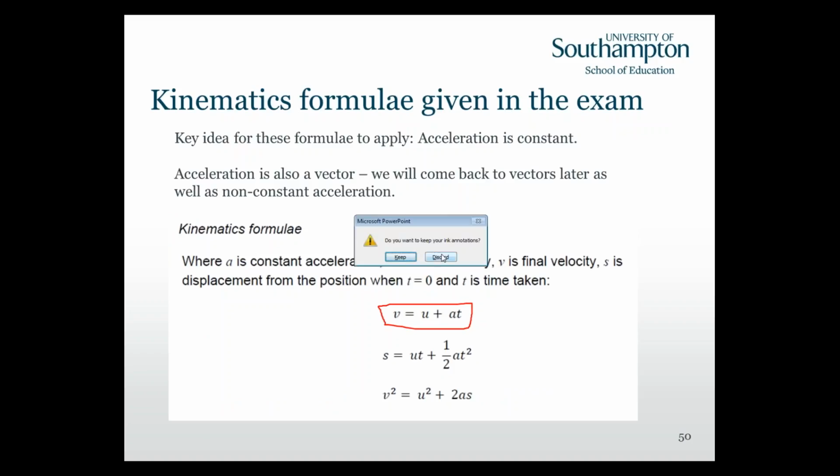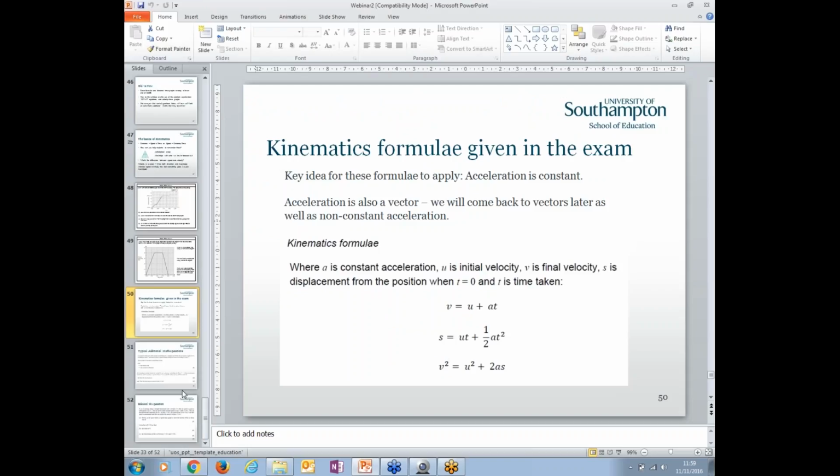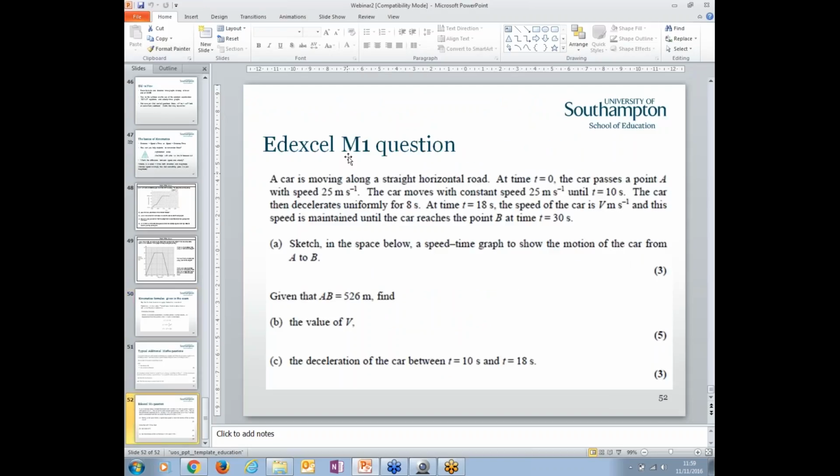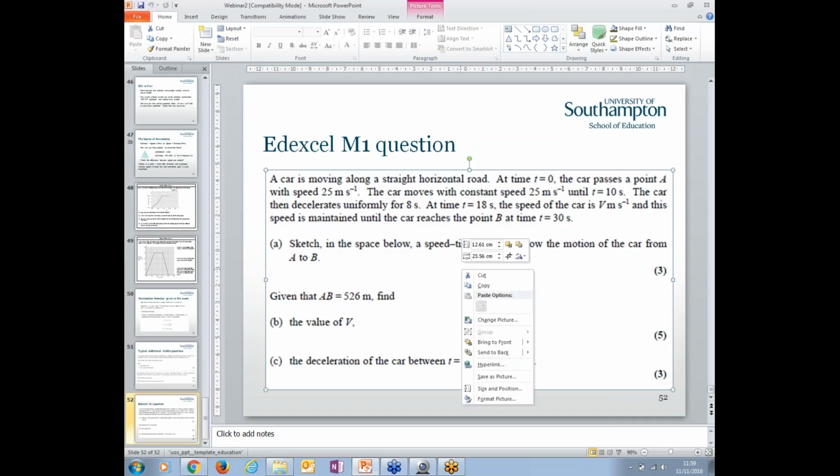What does M1 mean? Is that just mock, is it? No, that's mechanics 1. So at AS level, or A level, currently, and this is only for this remaining year, the A level is split into modules.